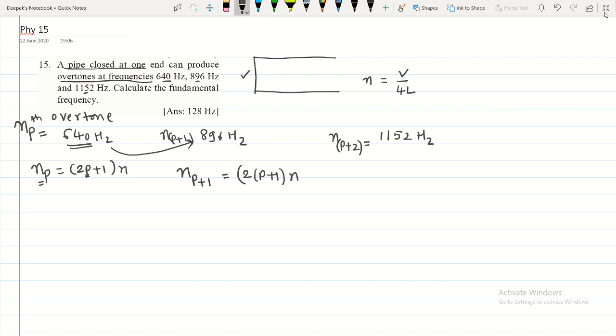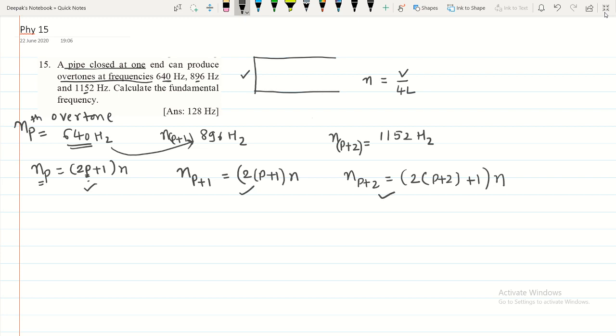But we don't know the value of p over here. So the formula is n(p+2) equal to 2 into (p + 2) plus 1 into n, right? You can simplify either this equation or that equation.